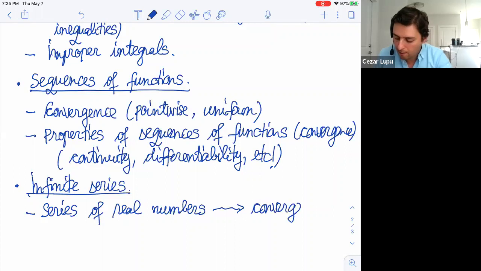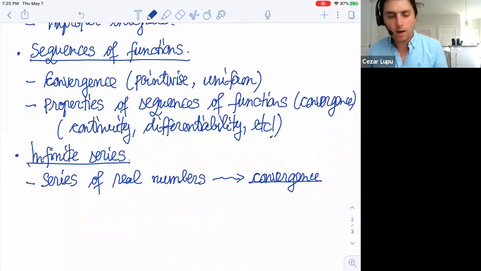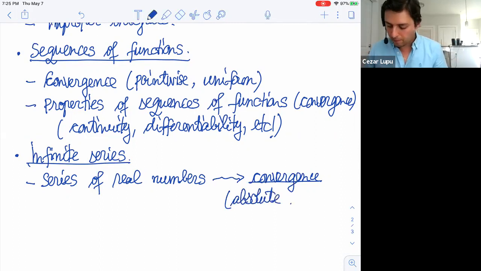When I talk about convergence here, I only have two types: pointwise convergence, like normal convergence, but also absolute convergence. And we will see some examples.